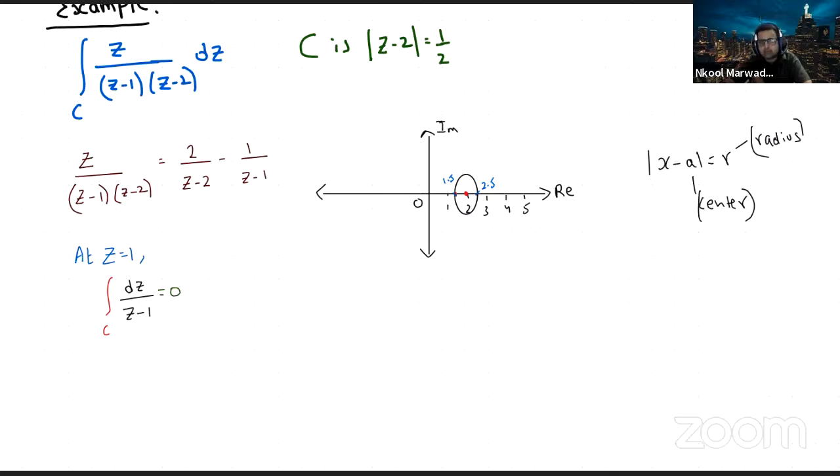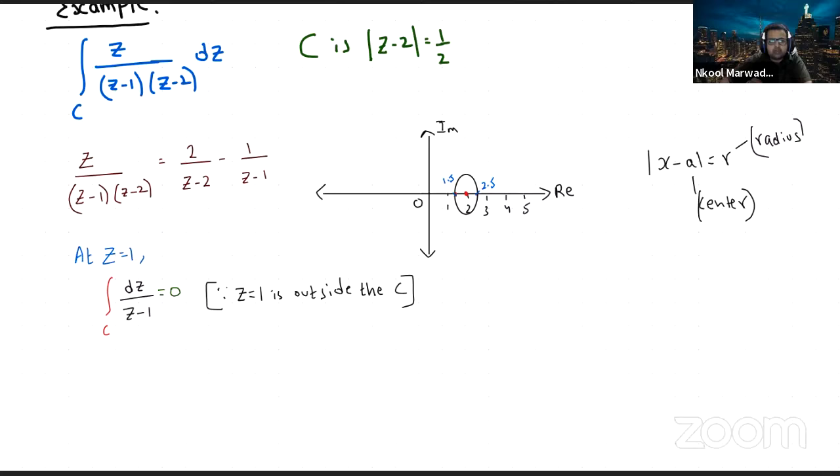So it has to be 0, and I can give the reason why I am using it: since z is equal to 0 is outside the circle, outside capital C, outside the contour. So this is also making sense.